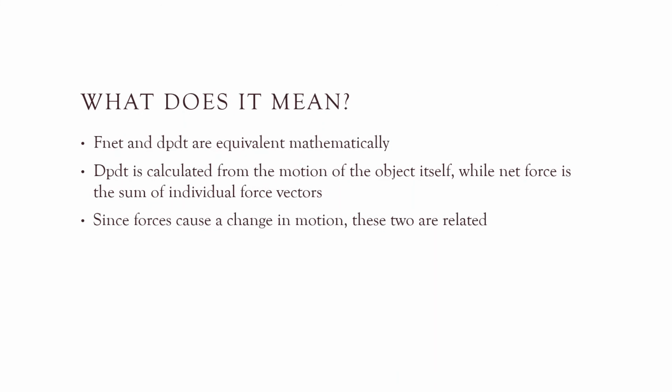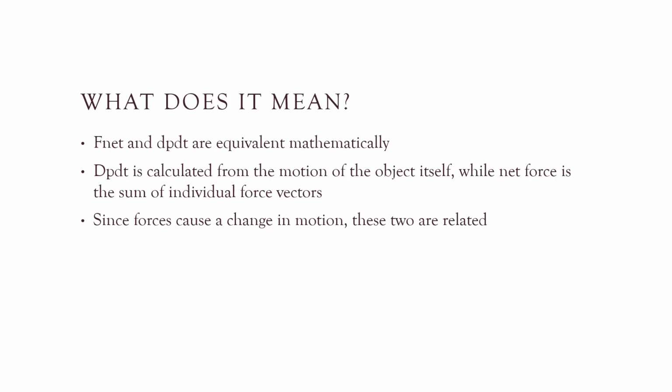The question here is how FNet and dPdt are related. As I've stated a few times, FNet and dPdt are equivalent mathematically due to the momentum principle. However, the way these two values are calculated is a little different, since dPdt is calculated from the motion of the object itself, which is what I did in the Python code, where I calculated the change in velocity, change in momentum, and all that, while the net force is the sum of the individual force vectors.